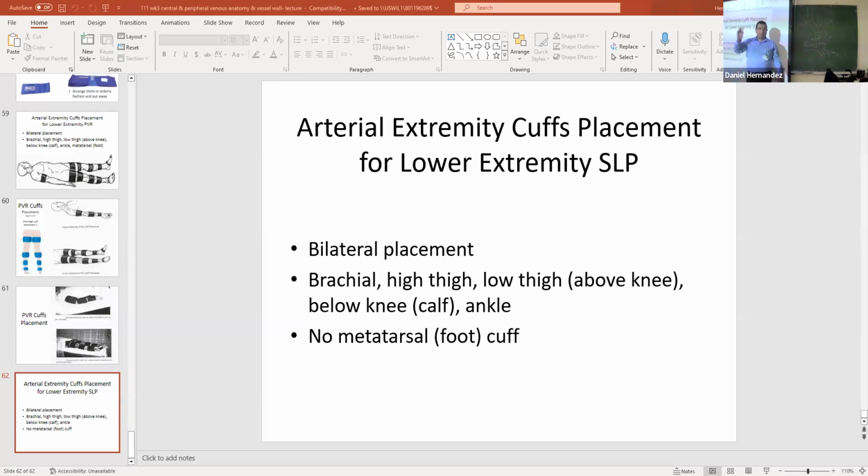The ICA is typically more posterolateral. The ECA is going to be more medial, in towards the face. With this as well, we can have proximal, mid, and distal segments. So this would be proximal ICA, mid ICA, and then distal ICA.